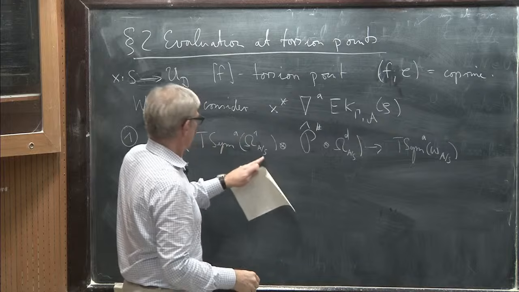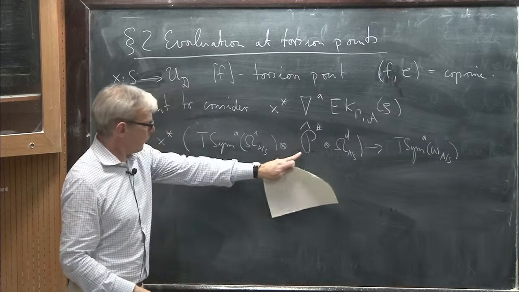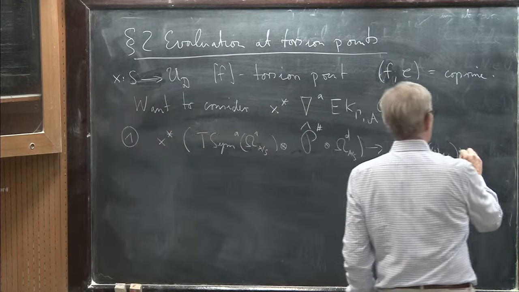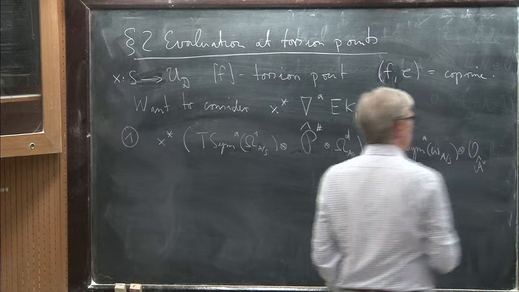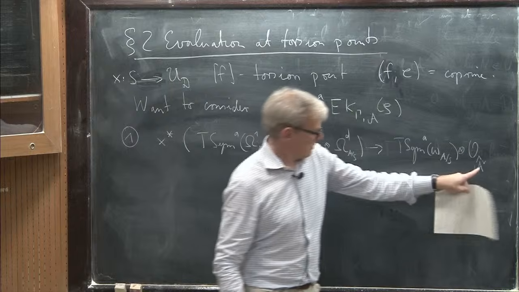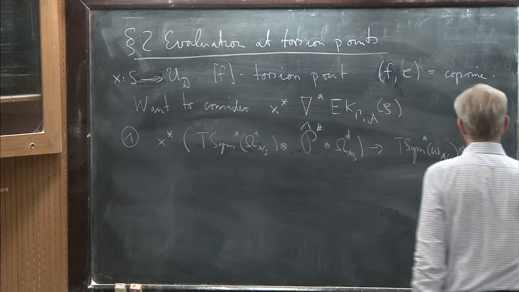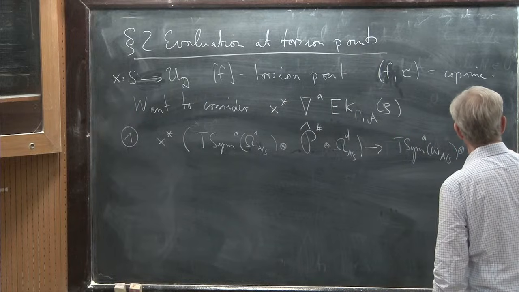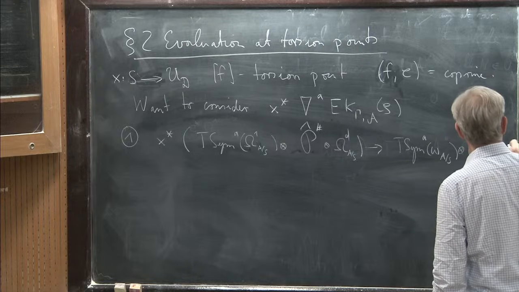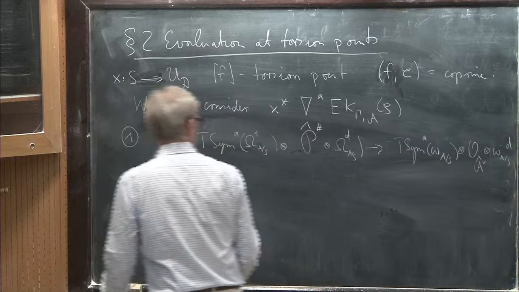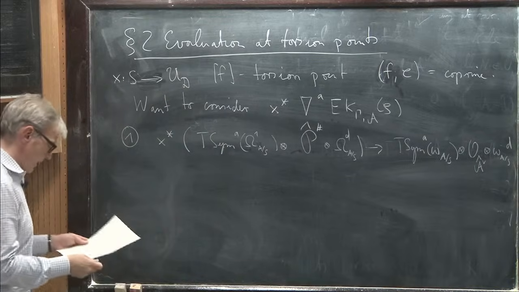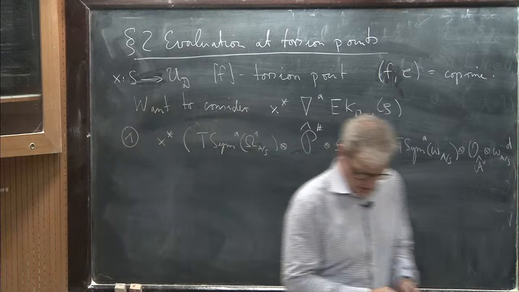And here we have a map to this formal completion of the dual abelian variety, to the structure ring here. And here we have omega_A over S to the power D. So that is the first map we want to consider.